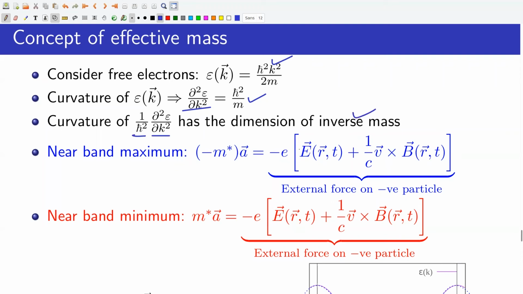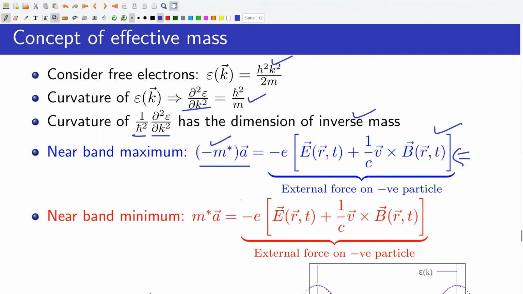We have seen that near the band maximum, the equation of motion of an electron looks like this. The right hand side is the Lorentz force on a negatively charged particle. The left hand side is minus m star times acceleration, where m star is a positive number and it has a dimension of mass. Near the band maximum, it appears from the equation of motion that the mass of the electron is negative.